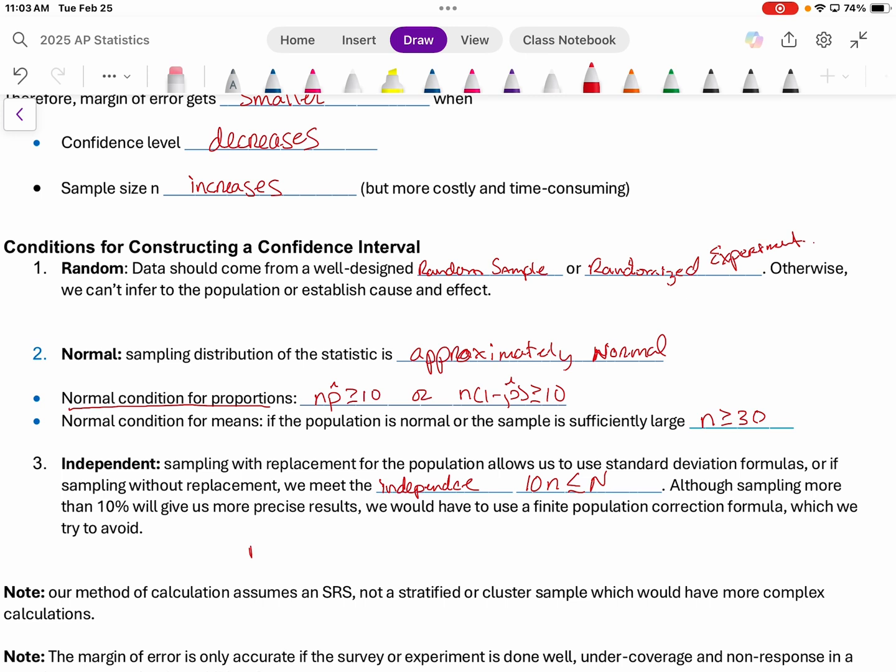So we must pass all three conditions to do the confidence interval. I've got to meet the random clause, normal clause, and independent clause.